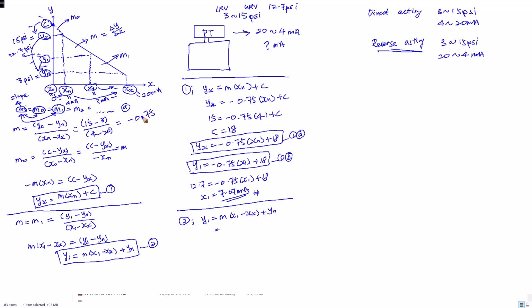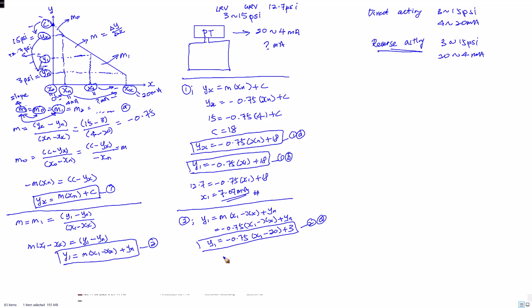The m is minus 0.75, so y1 equals minus 0.75 times (x1 minus xx) plus yn. xx is 20 and yn is 3, so this will be our new equation 2.